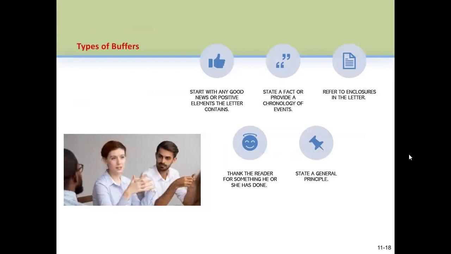Now there are different types of buffers here, and which one depends on the situation. Start with any good news or positive elements the letter contains. State the fact or provide a chronology of events that lead up to this. For example, in the kingdom right now, we have a 24-hour curfew because of coronavirus.